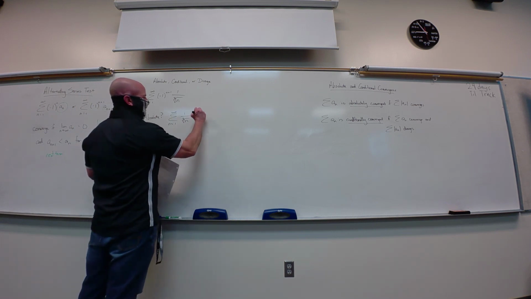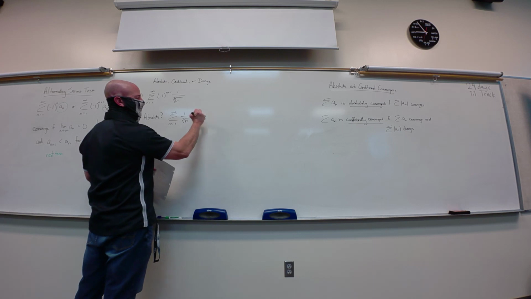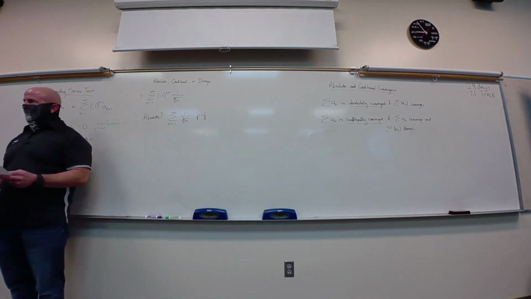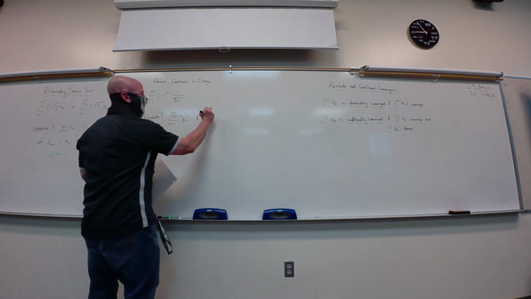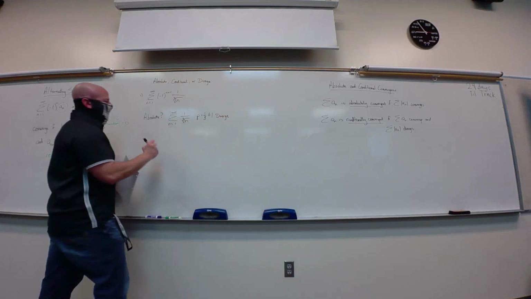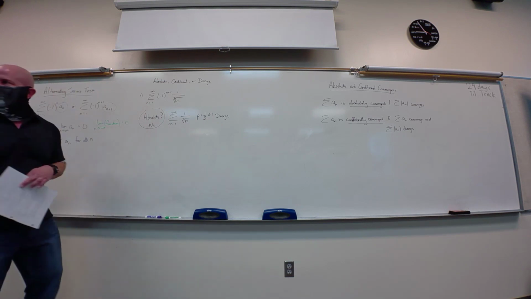This would be a p series, with p equal to 1/3. Is less than 1 converge or diverge? Less than or equal to 1 is diverge. So absolute? No. Not absolute.